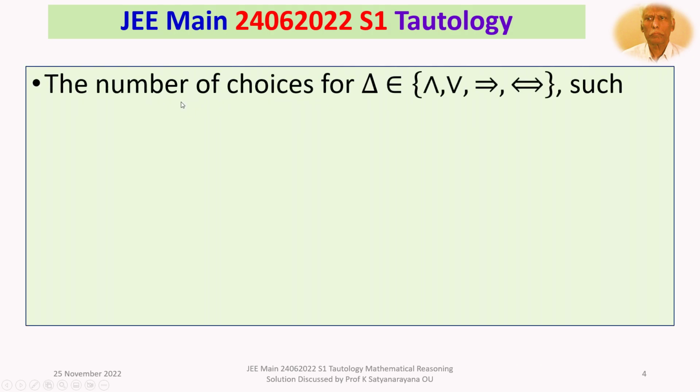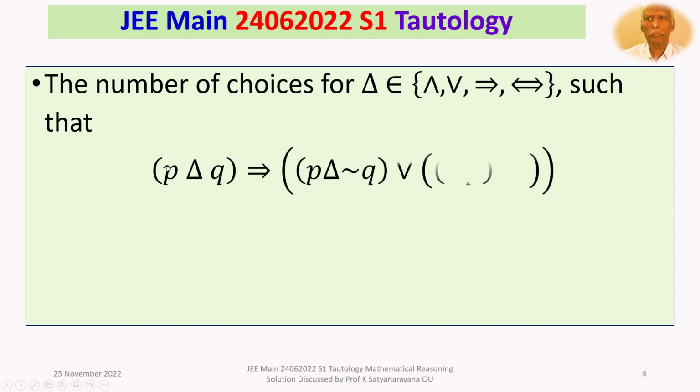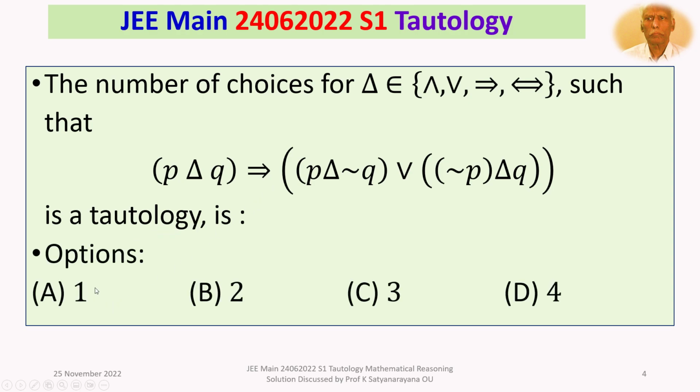The problem is: the number of choices for delta belonging to the set consisting of 4 logical connectives, the first one is and, or, implies and implied by, such that (P delta Q) implies ((P delta negation of Q) or (negation of P delta Q)) is a tautology. 4 options are given.